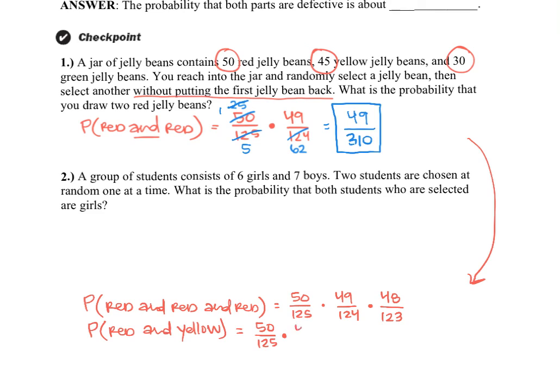So there are still 45 yellow jelly beans, but one of the total jelly beans has been taken in that first event. So it would be 45 over 124 is the probability that the second one is yellow. So just make sure you're thinking about, if the first event happens, how does that affect the total number of whatever it is, jelly beans or marbles, whatever, that are left in your bag.